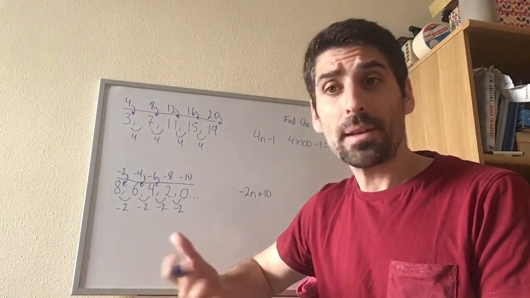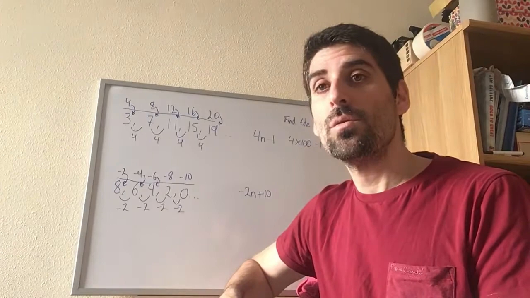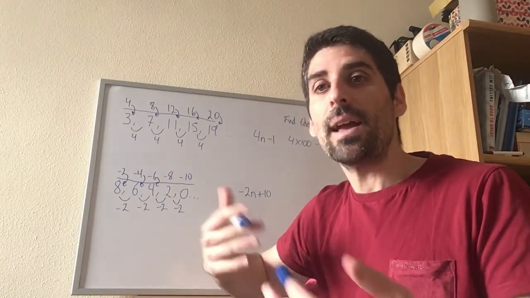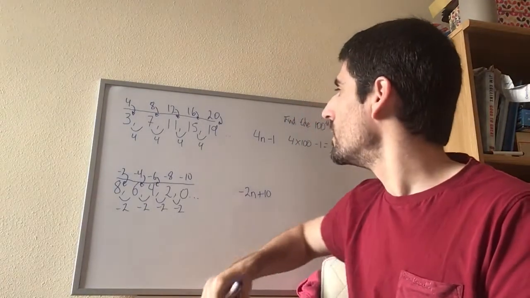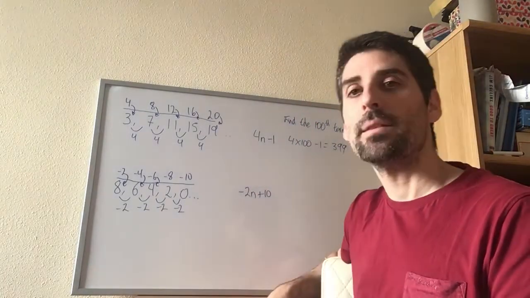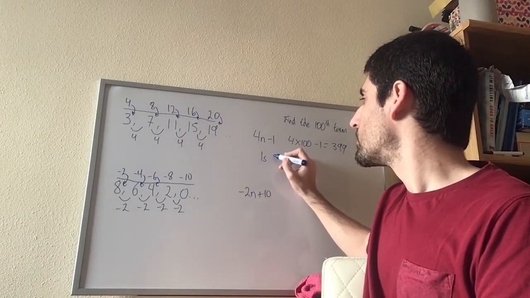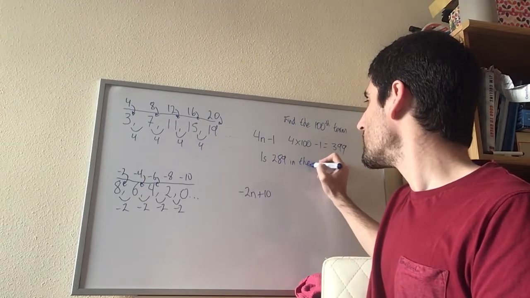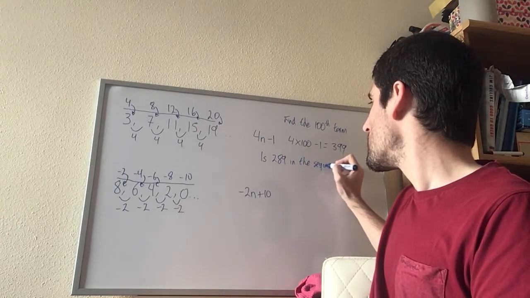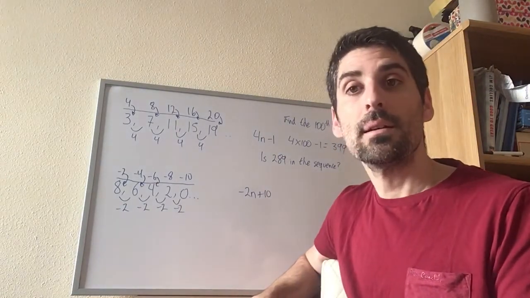Something else that you may be asked to do is to check if a certain number is in the sequence. So if we go back to here, they may say, is 289 in this sequence?